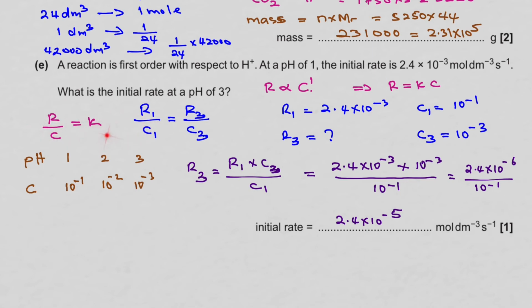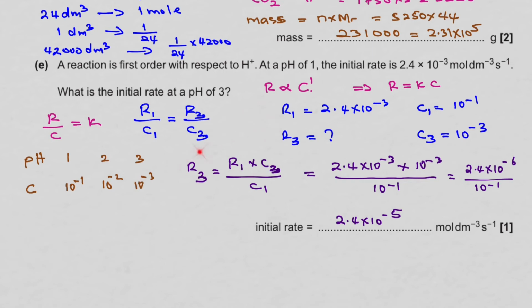So I have a situation where the rate at pH 1 has a concentration of C1, and the rate at pH 3 has a concentration of C3. So what do we mean by concentration of C1? Well, pH of 1, concentration is 10 to the power minus 1. pH of 2, concentration is 10 to the power minus 2. pH of 3, concentration is 10 to the power minus 3.